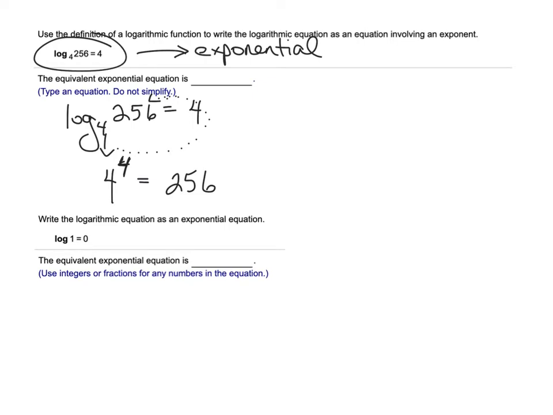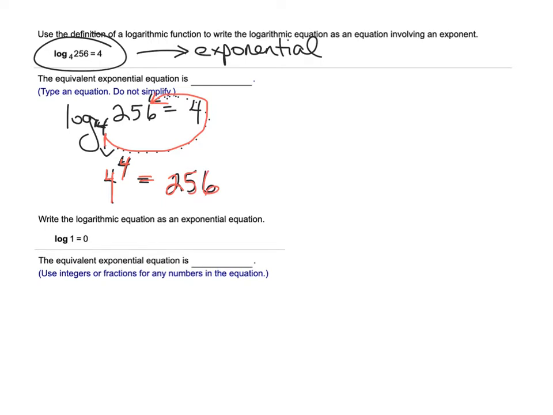So it's a counterclockwise motion. Start with the base, which is 4, then move around. 4 to the 4 equals 256. That is the motion. To me, that makes it easier just to remember how to do it.